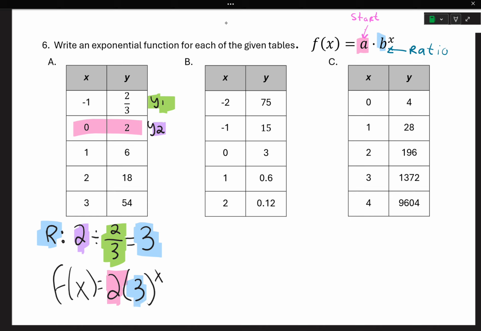Let's do the same for letter B. First, let's identify the starting point, the y-intercept. There it is. Perfect.